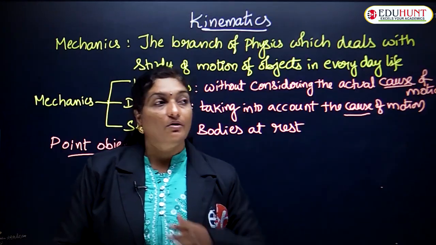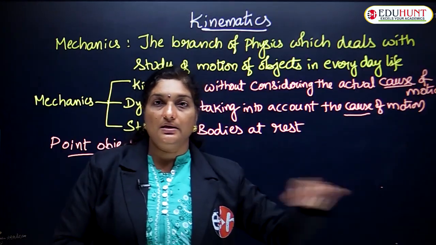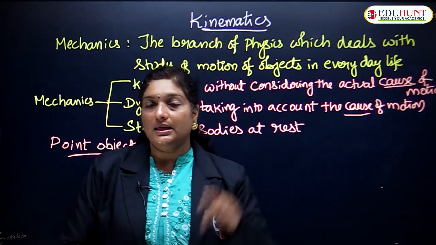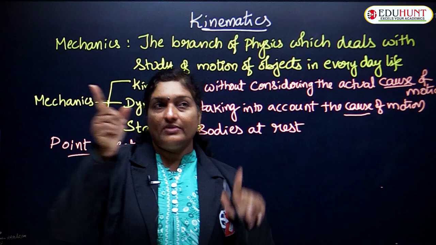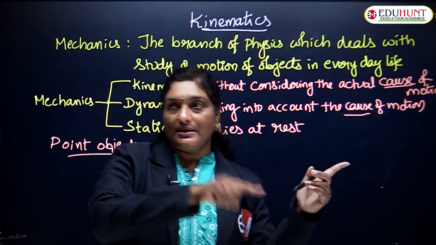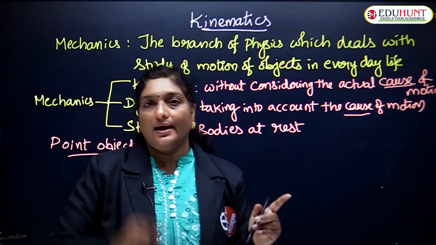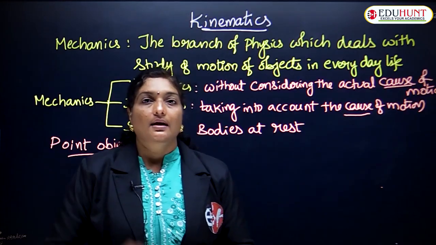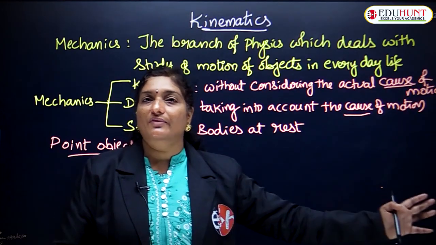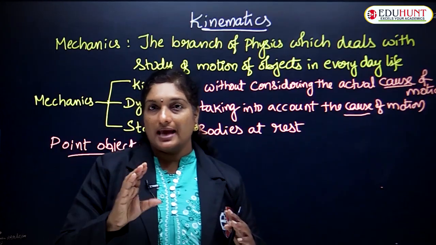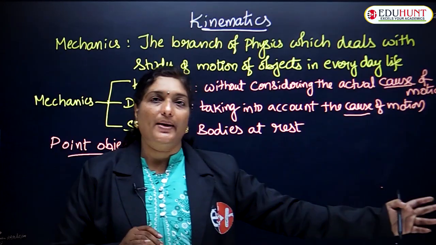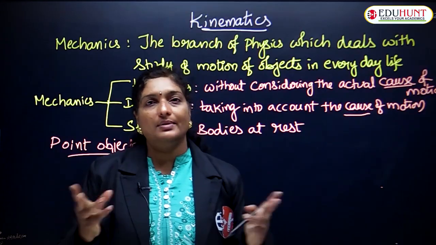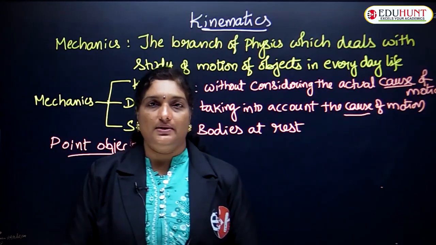So 50 kilometers is very long as compared to the size of the car. In the first case, as compared to 100 kilometers, the size of the bus is very small, hence the bus can be considered a point object. In the latter case, the distance travelled by the car was 50 kilometers, so the size of the car is very small as compared to 50 kilometers. So in the second case, the car can be considered a point object.